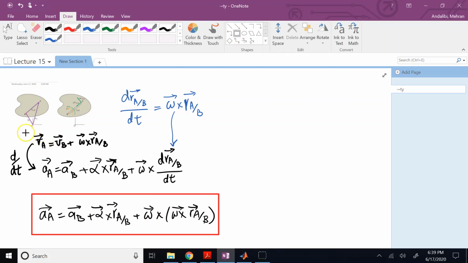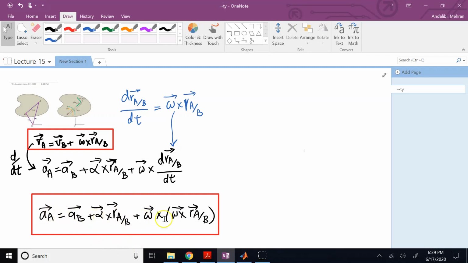So nothing new. The two important formulas that we have learned so far are this one on the top for velocity analysis, and the other one in the bottom red box for acceleration analysis. Now we have used the top one quite a bit, so now it's time to practice on the bottom one, but we have to note one super important thing.